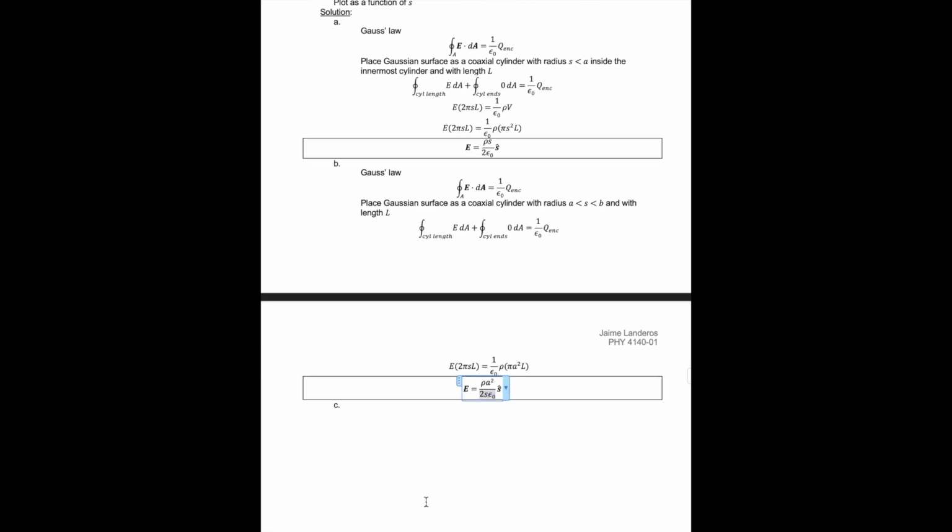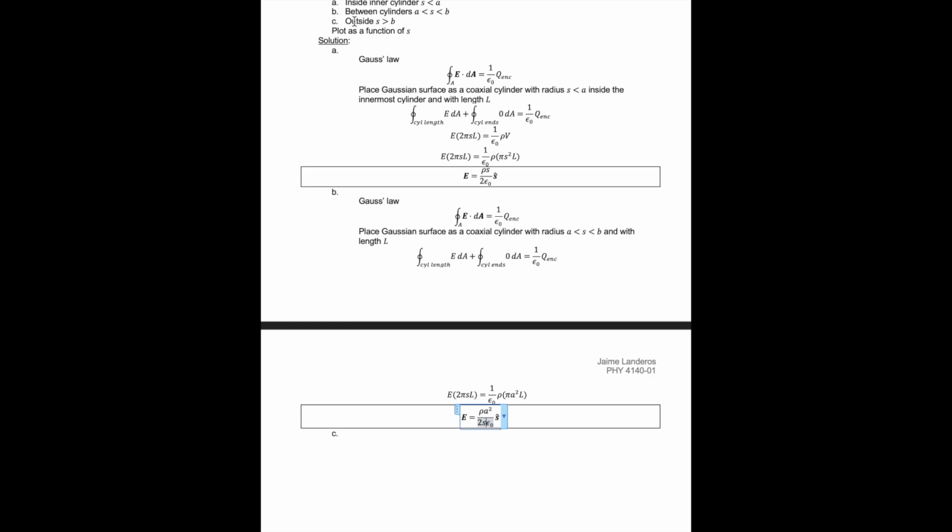All right, now for our last domain, where we want to plot outside of this entire charge configuration, copy over once more Gauss's law, and we are going to place our Gaussian surface outside the configuration.